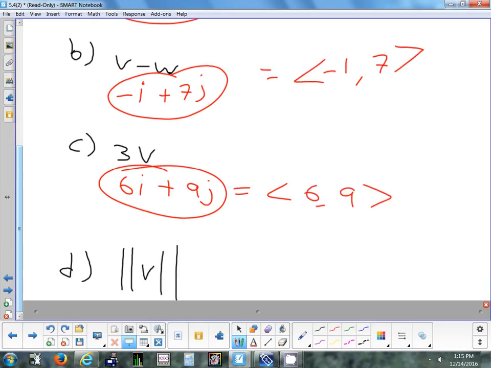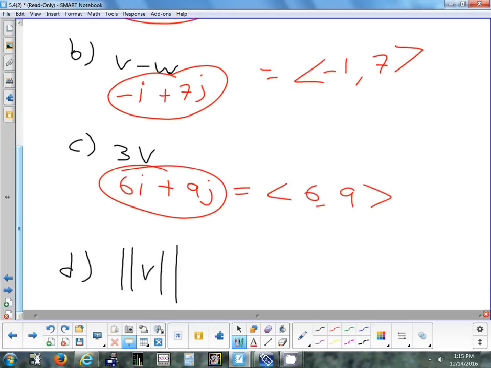Okay, and last one, find the magnitude. The magnitude has a square root in it, so that's generally the first thing that I like to write down, so we don't forget that. And somebody tell me what I'm going to fill in for my two numbers.